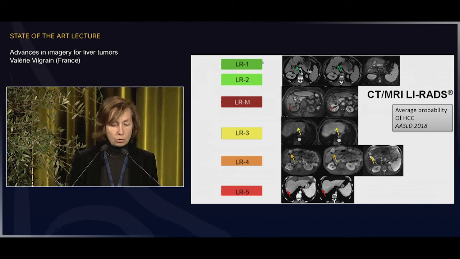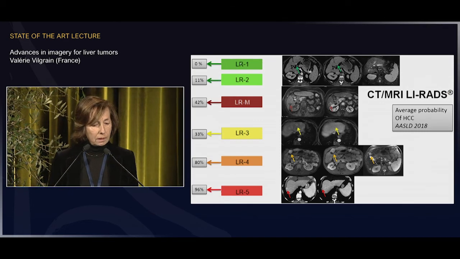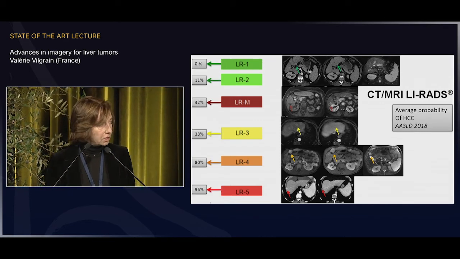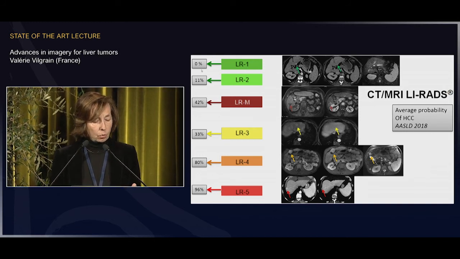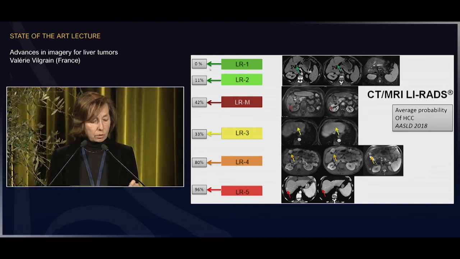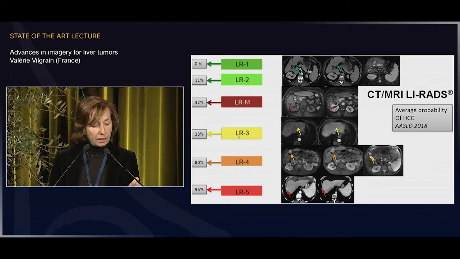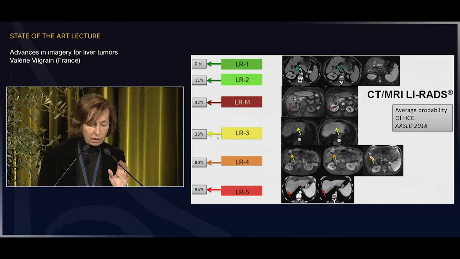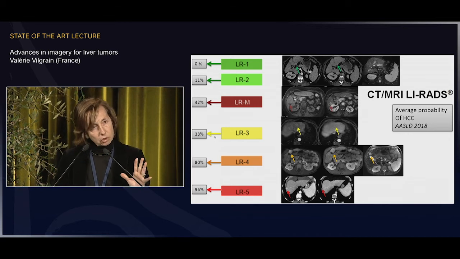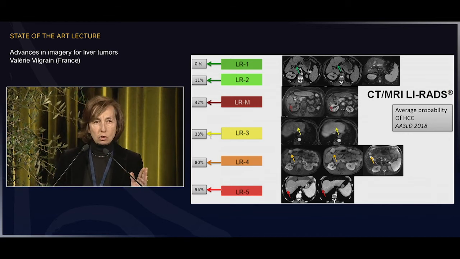Because it gives you the average probability of imaging features for HCC. And we are not surprised by 0 here and nearly 100%. But what is interesting for patient management is having a patient with a LI-RADS 3 nodule. I know that the average probability of this patient having HCC is just 30%. So it may change the patient management.